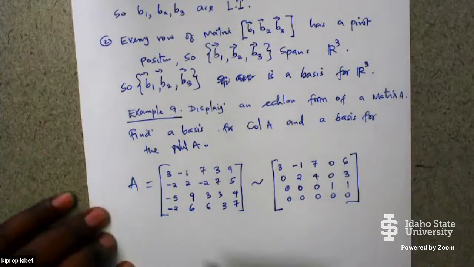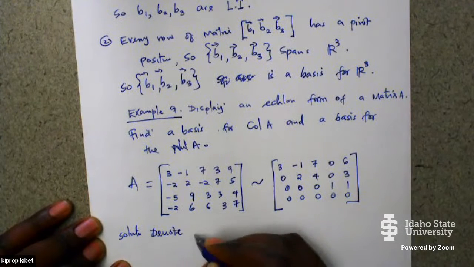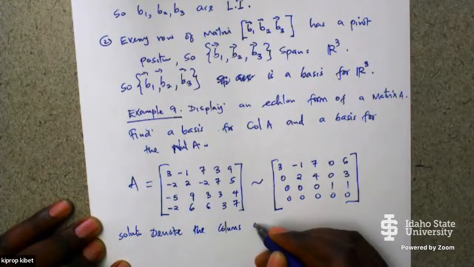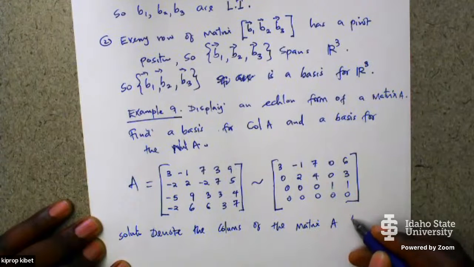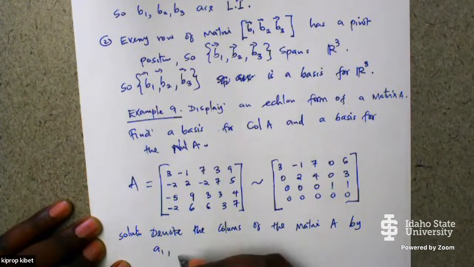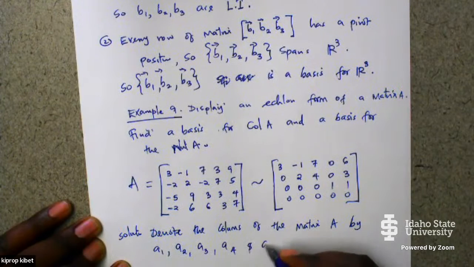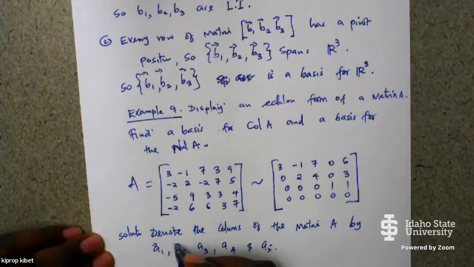So, solution. We can denote the columns of the matrix A by A1, A2, A3, A4, and A5. These are actually vectors.